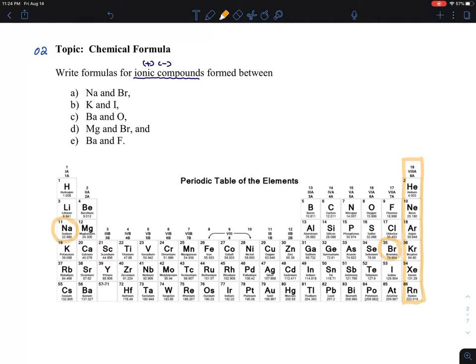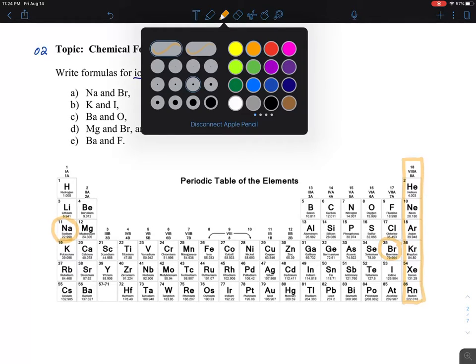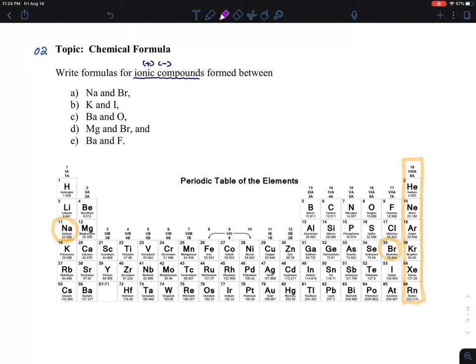So as far as sodium is concerned, it prefers to lose one electron. So sodium, Na, would like to lose an electron and become sodium plus. Whereas bromine would like to accept the electron and become bromine minus.